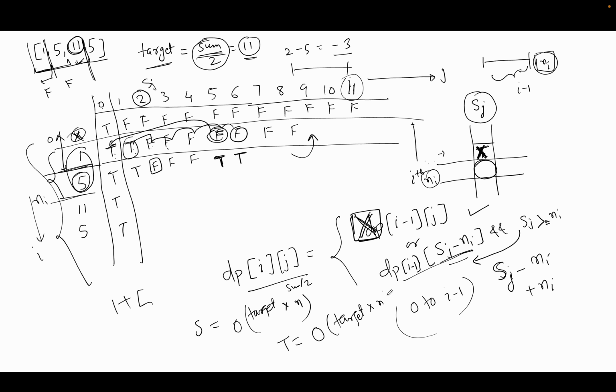Another, there is a sophisticated solution. So we have 5, 1, 11, 5. We keep track of which sums are possible using all the combinations. So clearly when we first get 5, 0 is possible.